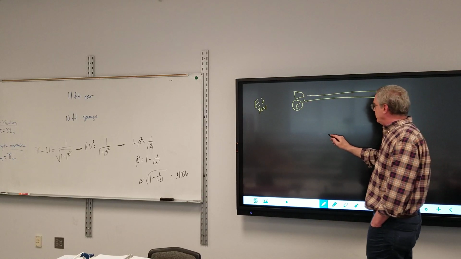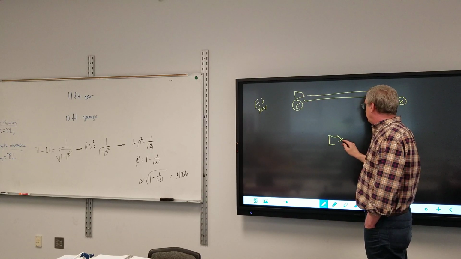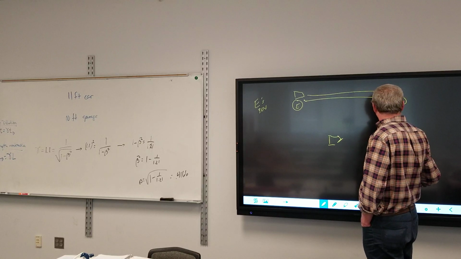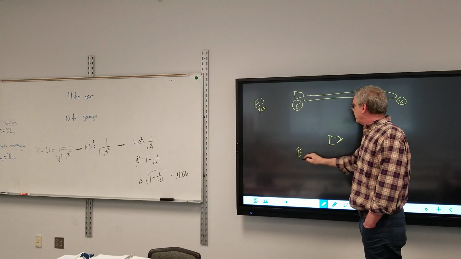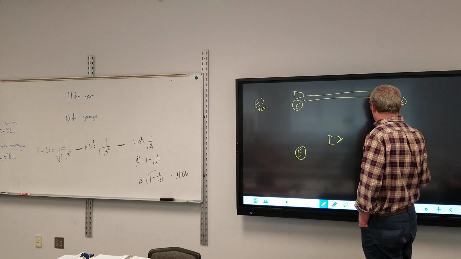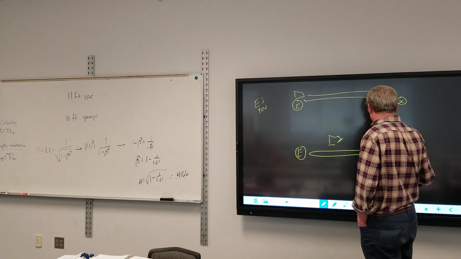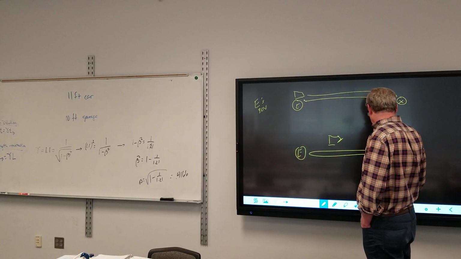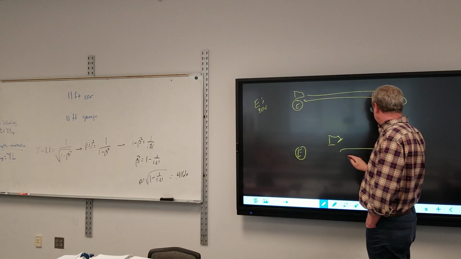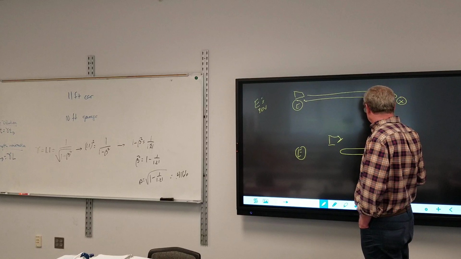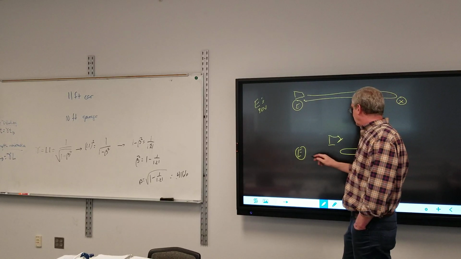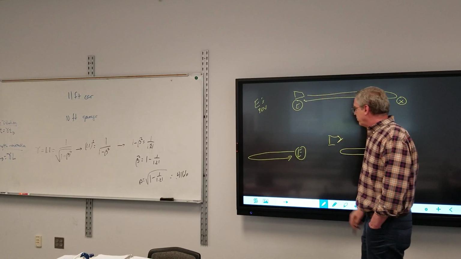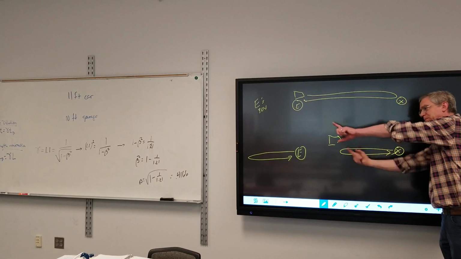Meanwhile, from the rocket's point of view, planet X, Earth. From the rocket's point of view, the Earth and the planet are zipping out and then coming back.